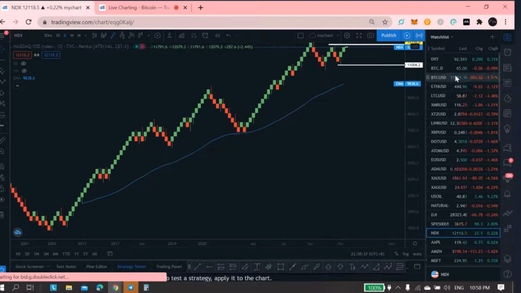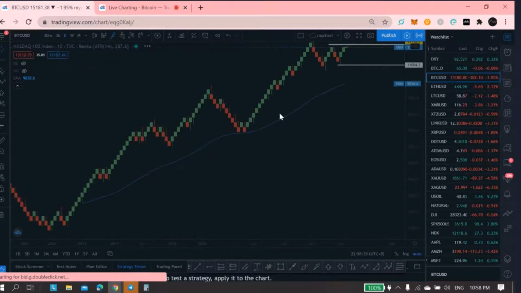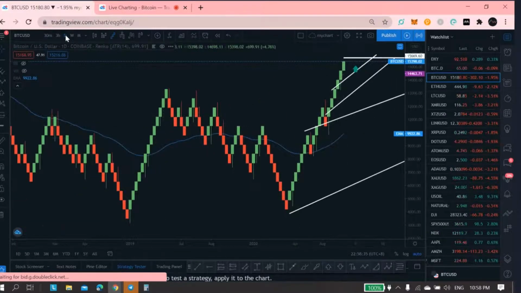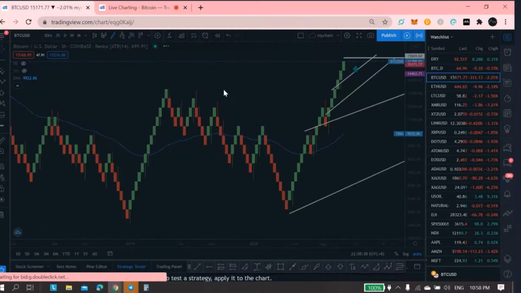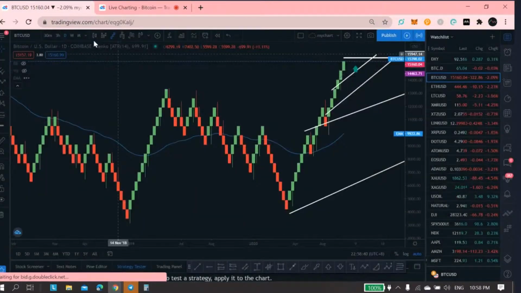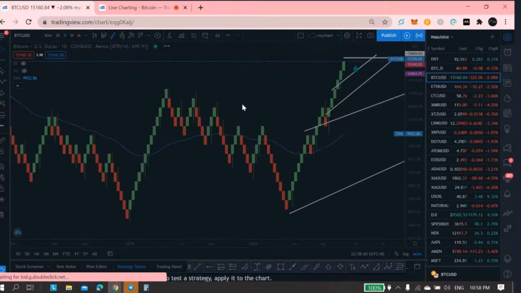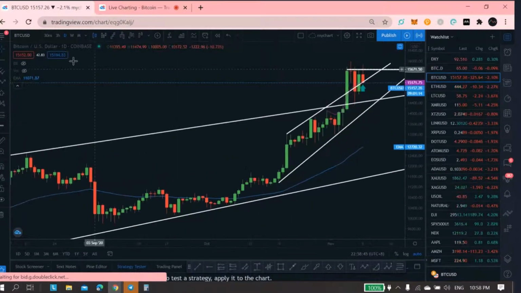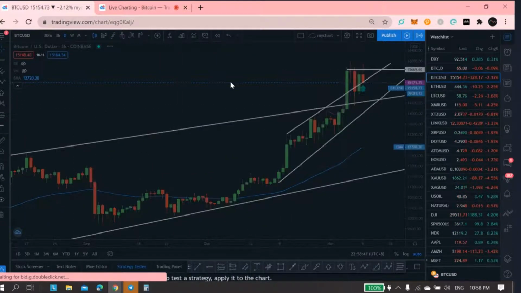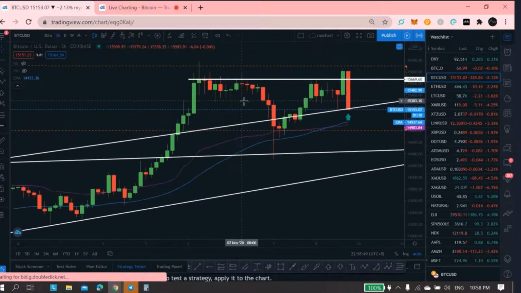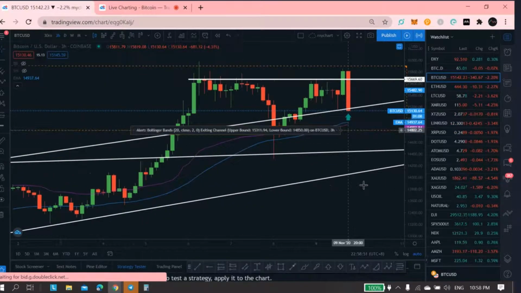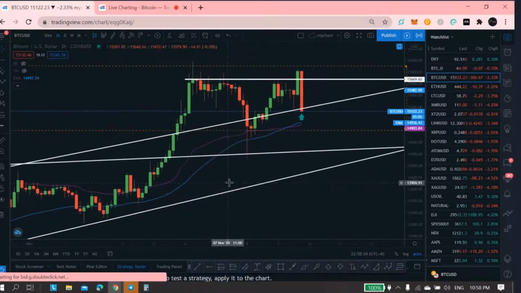Oh, let's look at this 3 hours, because this is already the 3 hours time frame. OMG, seems like it will not hold this, and more bearish.